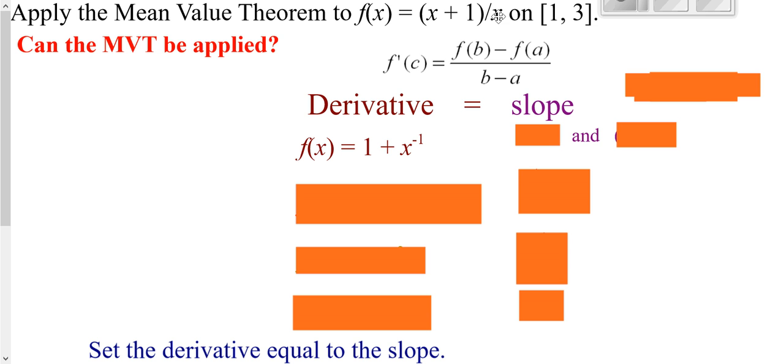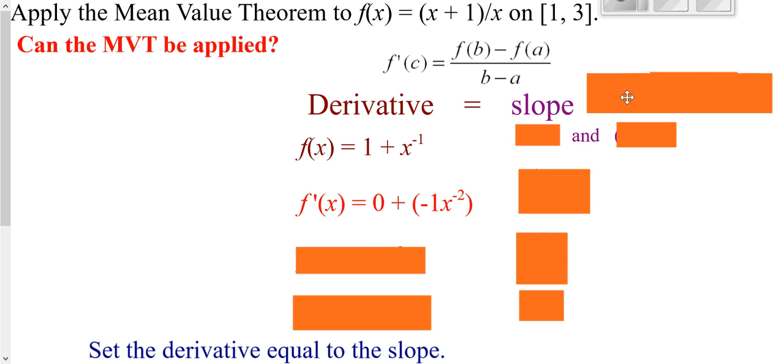If you distribute this, basically dividing by x is multiplying by x to the negative 1. Distribute that through, x times x to the negative 1 is 1. X to the negative 1 times your 1 is this. If we take our derivative, this goes to 0. This exponent in front, decrease it by 1, we would get this.